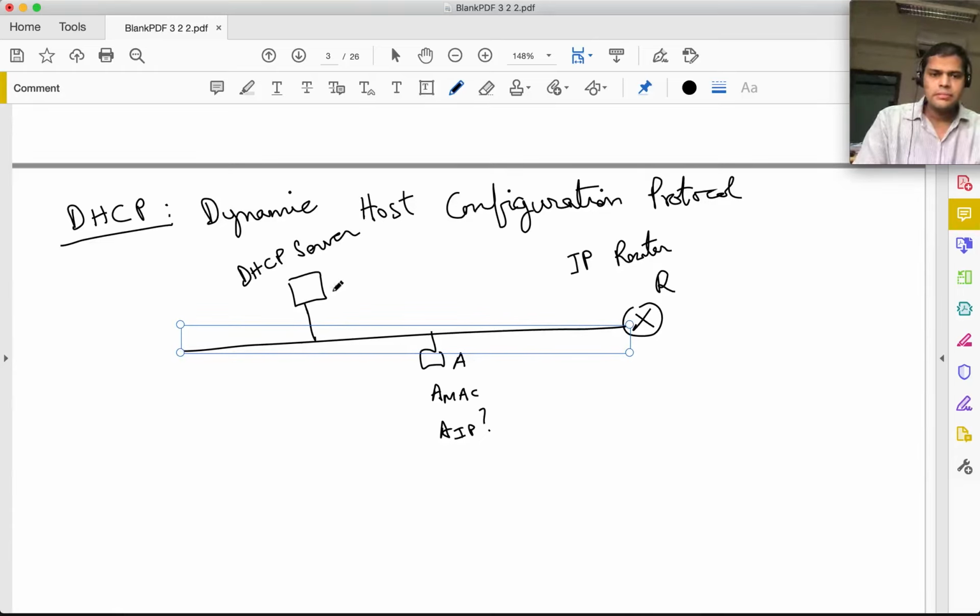The DHCP server should be willing to give out IP addresses to other hosts. So it should keep track of what are the IP addresses already being used in the network and which ones are available to be given to, let's say, a new host which is asking for an IP address. So how would we do this?